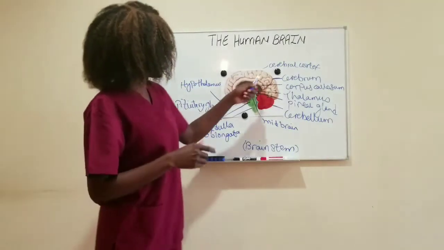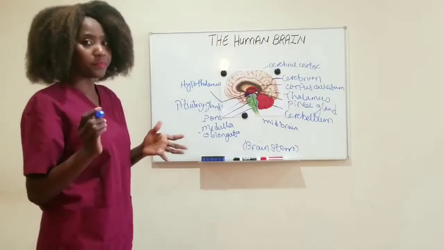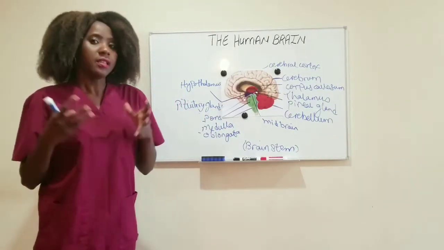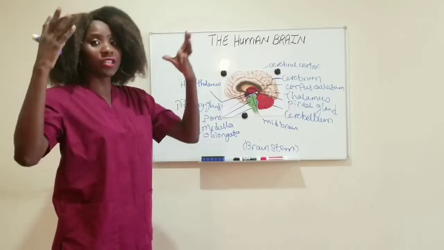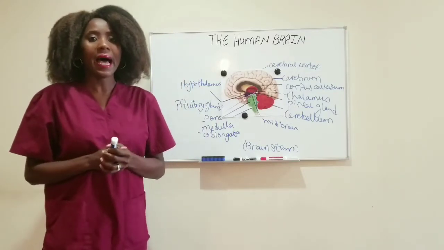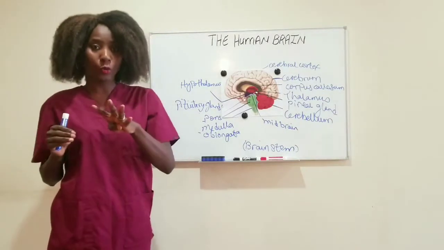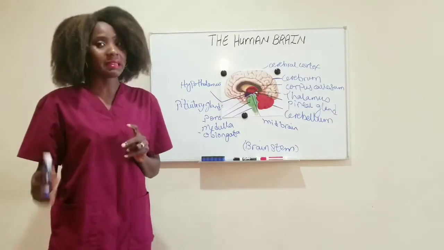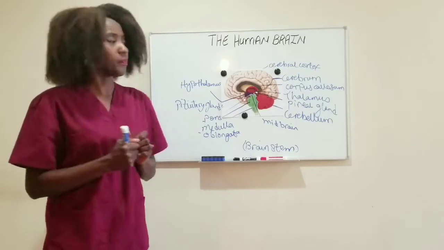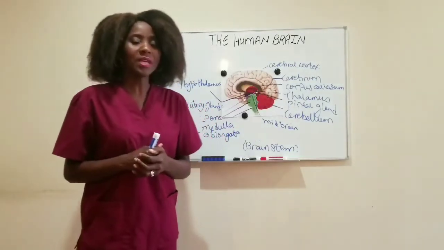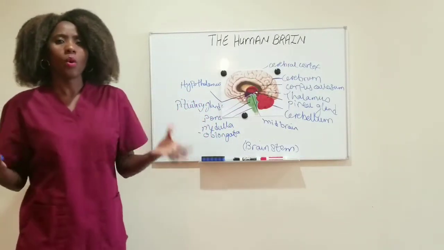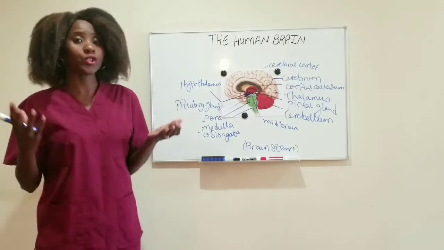All right, so let's begin with the cerebrum. Of course, the cerebrum is the largest part of the brain, and the cerebrum is divided into 4 lobes, and we will delve more into that in the following video. So the cerebrum is responsible for what we might term as higher order functioning.